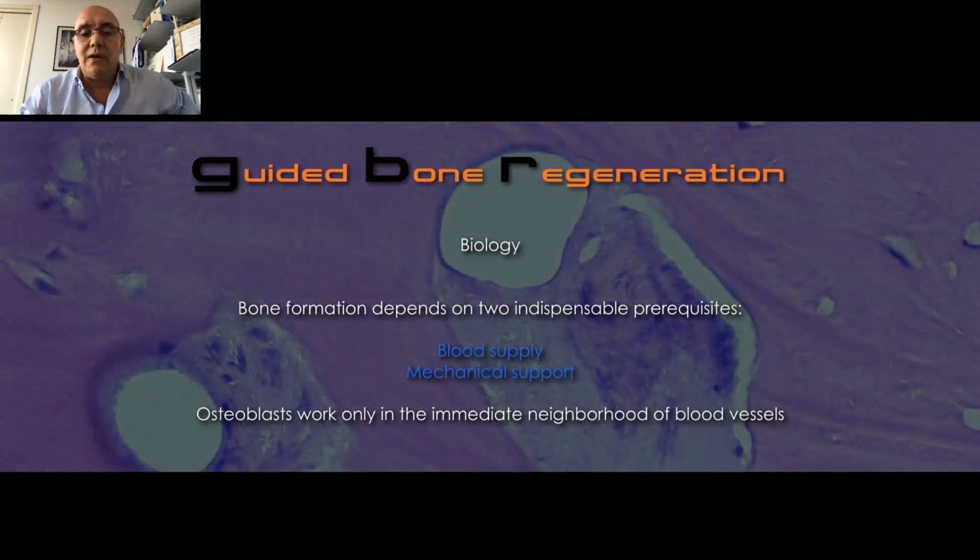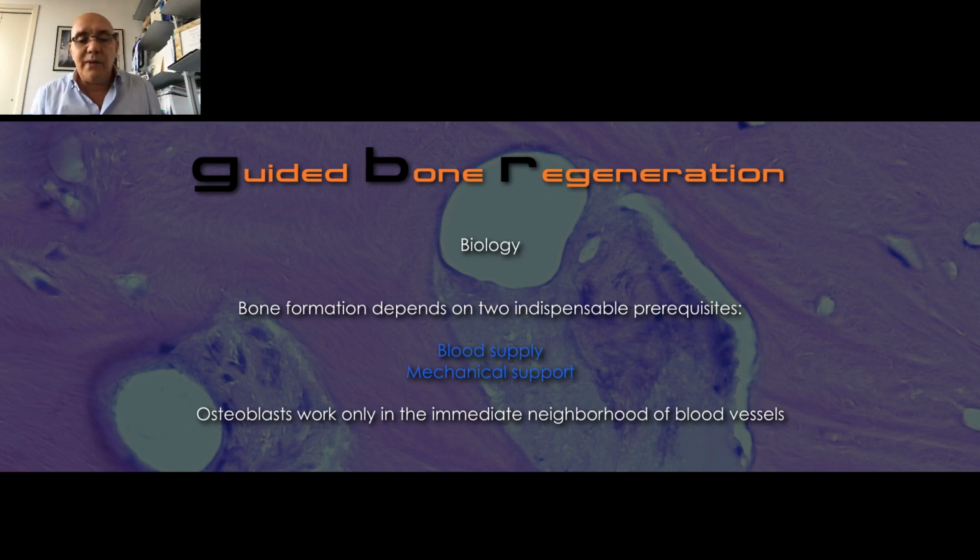So let's look at the biology. Biology is very simple because whenever we want to have bone formation, we have seen the other day, I don't know how many of you were attending the webinar on guided tissue regeneration. Whenever we need to do regeneration, we need certain basic conditions. So basically in biology, bone formation depends on two basic concepts: blood supply and mechanical support.